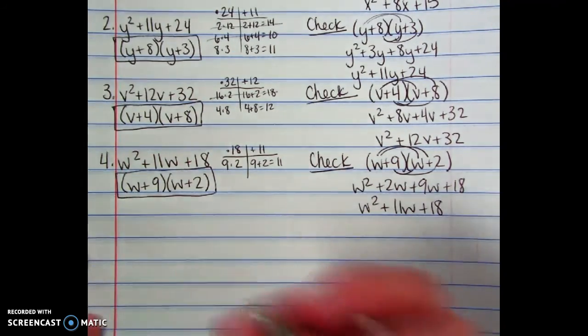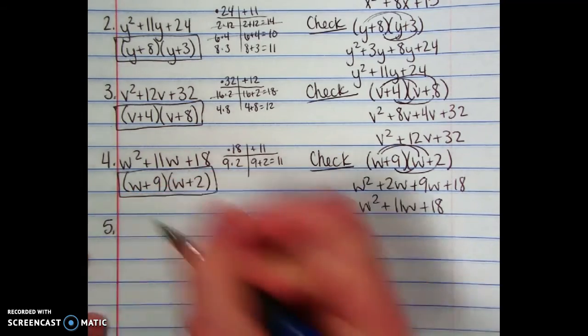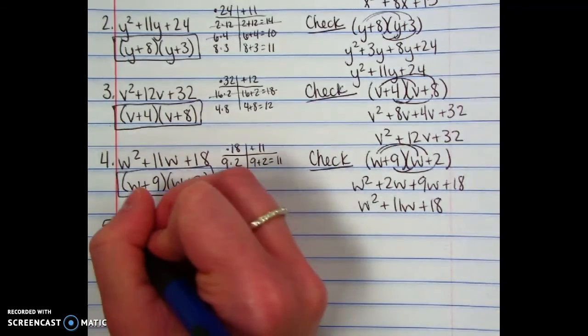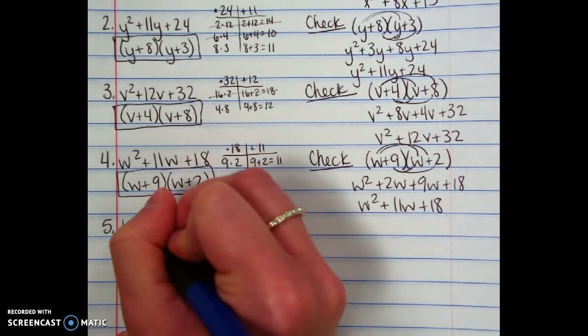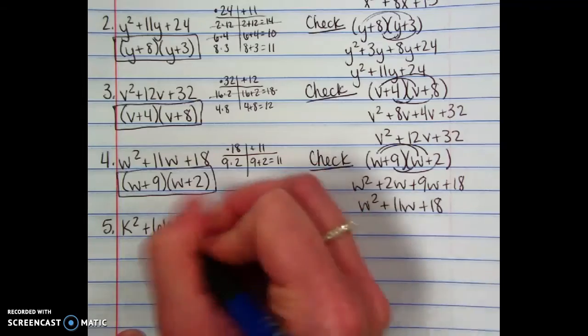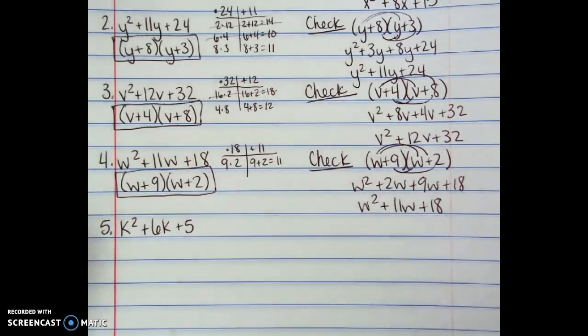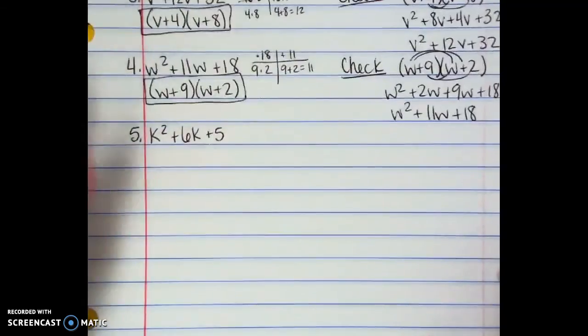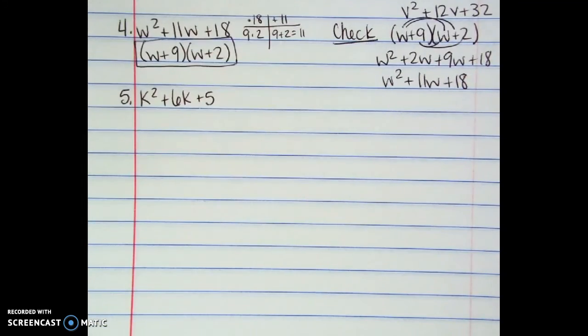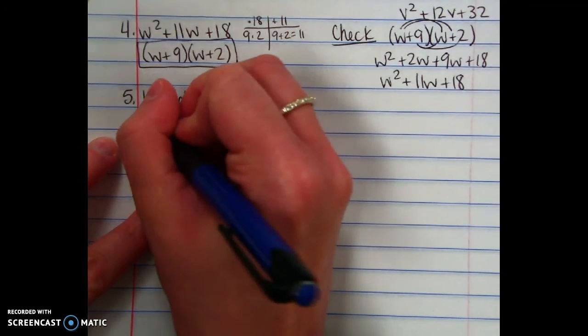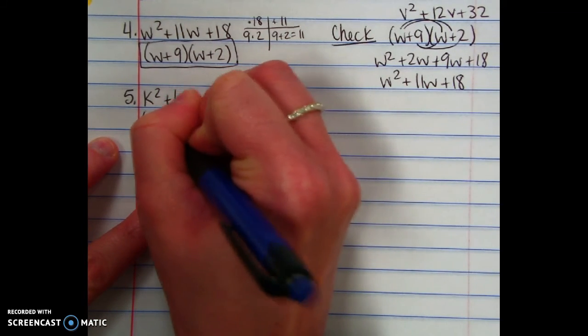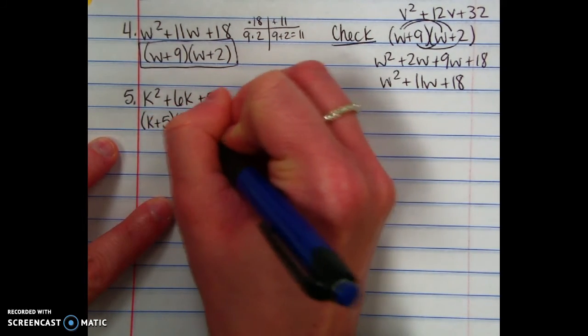Okay, let's do one more. k squared plus 6k plus 5. And I would like for you to find the two numbers that multiply together to get me 5 and add to get 6. Okay, hopefully you did k plus 5 and k plus 1.